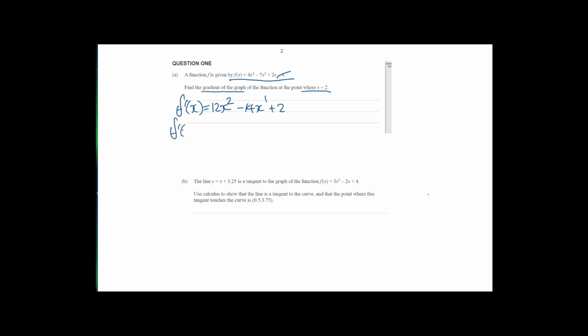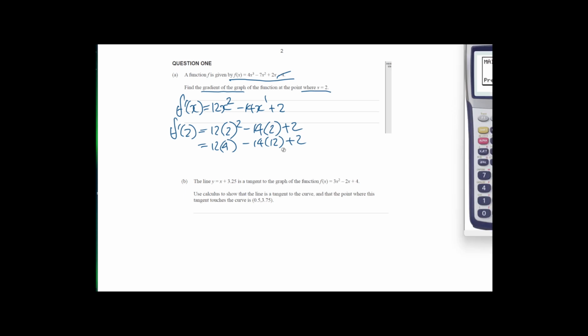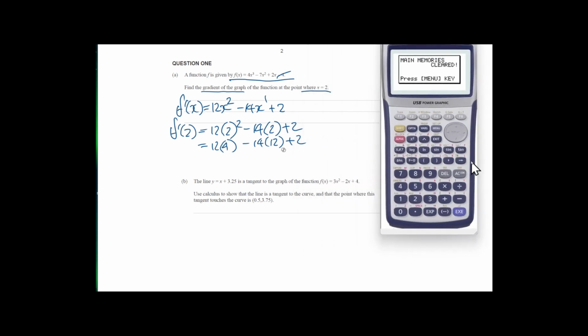So f dash, and we put 2 in there. Minus 14 times 2 plus 2. Well, it's going to be 12 times 4 minus 14 times 2 plus 2, and grab the calculator because I'm pretty lazy.